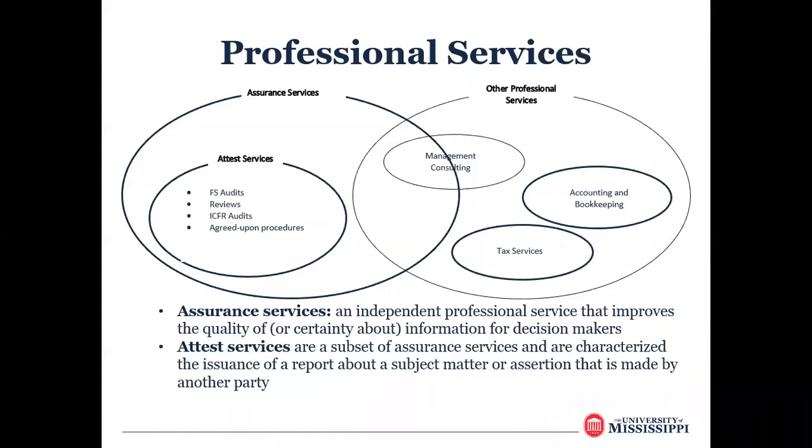Evaluating the reliability of information systems is an assurance service, and so on. We can imagine a lot of different services that a professional accountant could provide that would improve the quality of information, but wouldn't necessarily include issuing a report that contains a conclusion about an assertion.